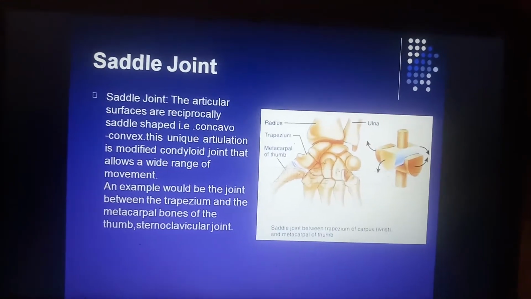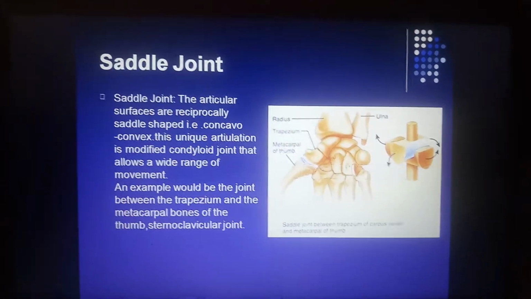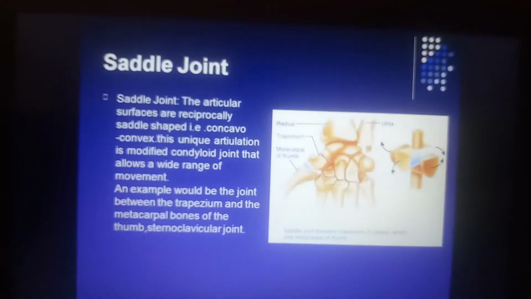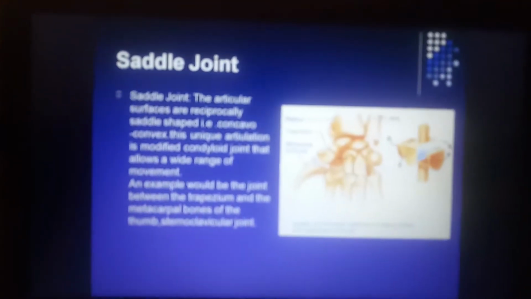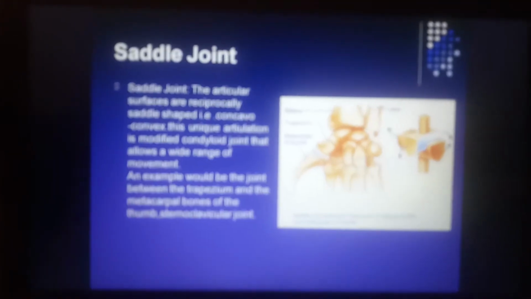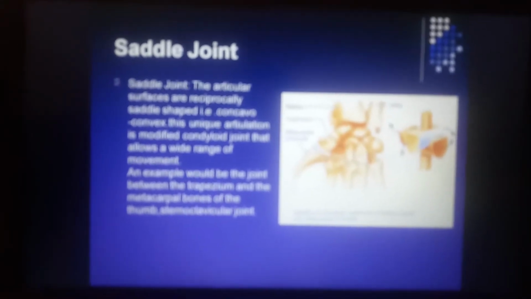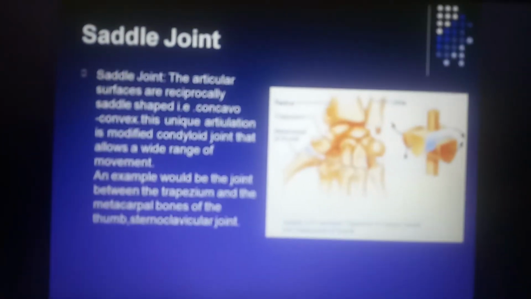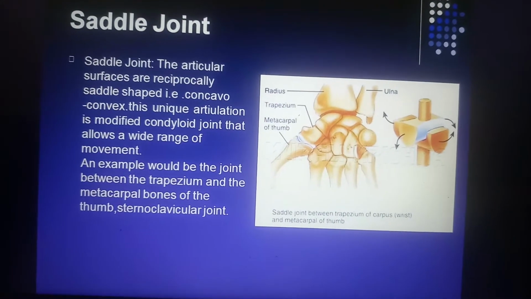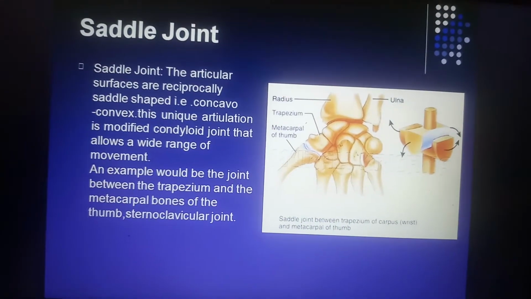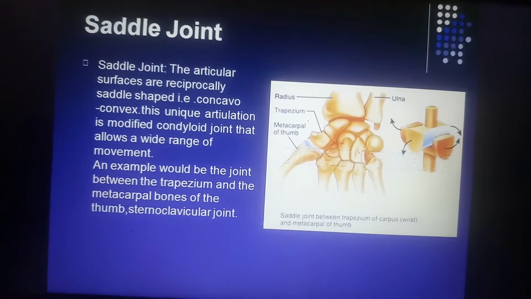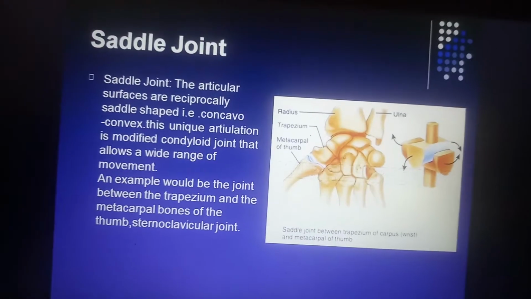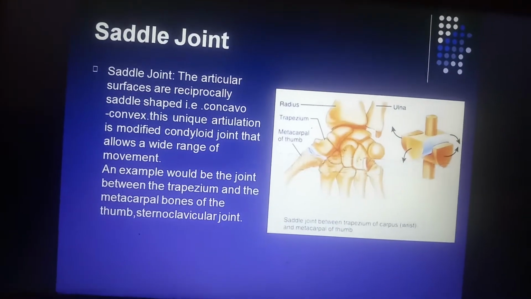That is why the joint is known as the saddle joint. And what will be the example? Very simple, the thumb. First carpometacarpal joint, or you can say the joint between the trapezium and the metacarpal bone of the thumb. Another example of the saddle joint is the sternoclavicular joint. These two joints are of saddle variety.